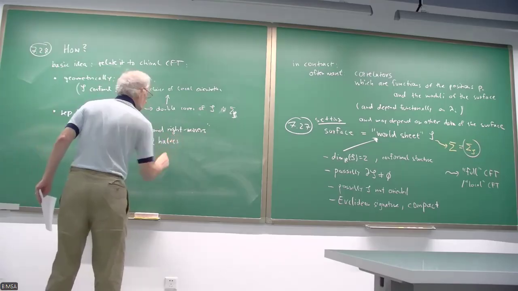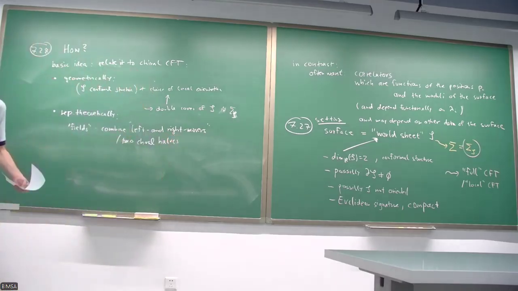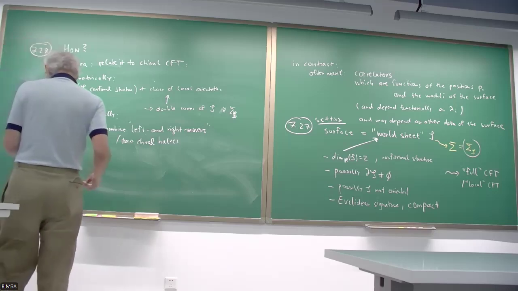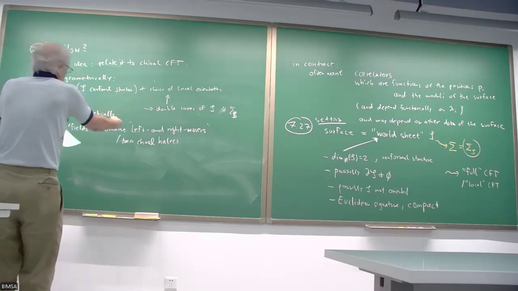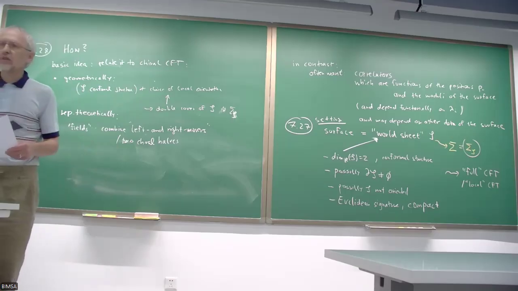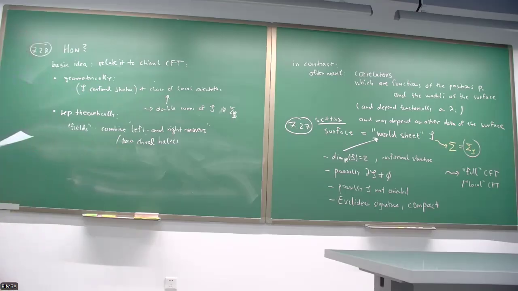Some people also call them chiral and anti-chiral, or holomorphic and anti-holomorphic. There are many terms in the literature for that. This idea, or prescription, has also sometimes been called holomorphic factorization, a term I think coined by Witten.